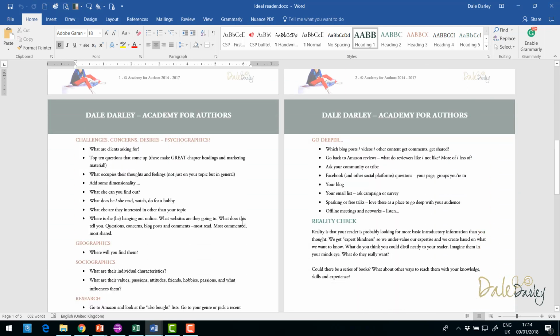We need to think about what kind of challenges, concerns, desires, where they hang out. We need to do an awful lot of research. And the reason that we need to know who our ideal reader is, is that when we've got that outline and that chapter framework and we know what the plan is, we are writing for one person because it makes a better book.